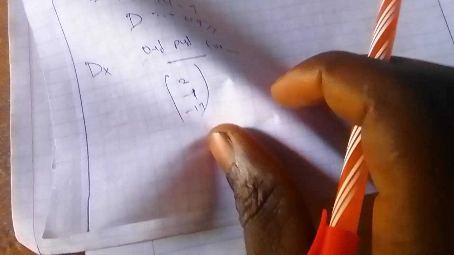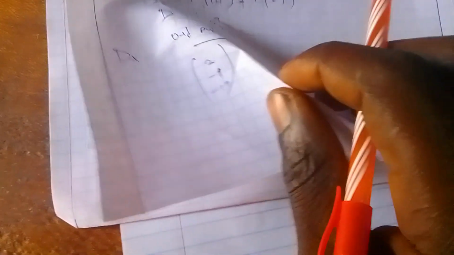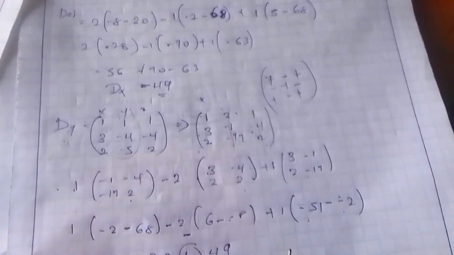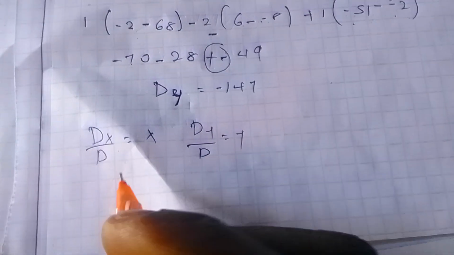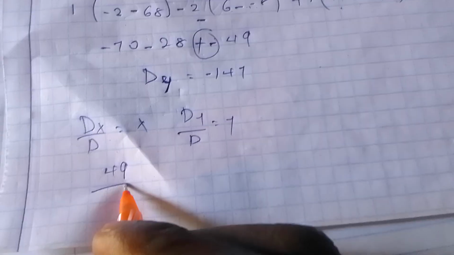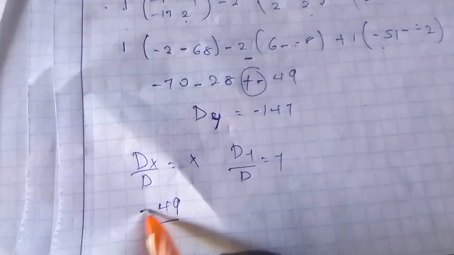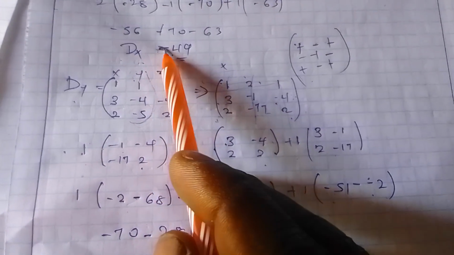This was our d, then our dx was negative 49. So you come here and replace dx with negative 49. Our d was also negative 49.